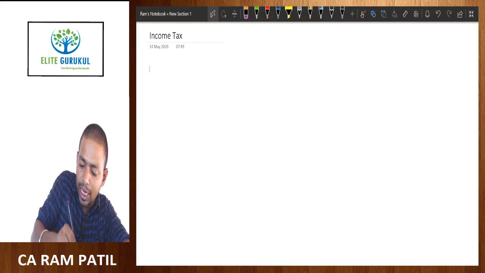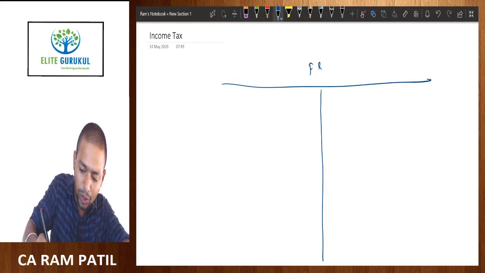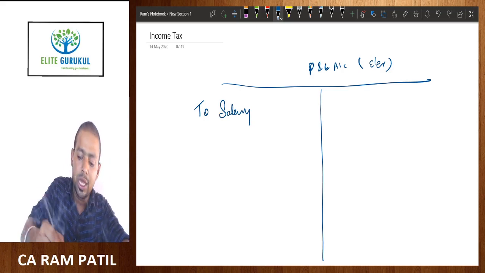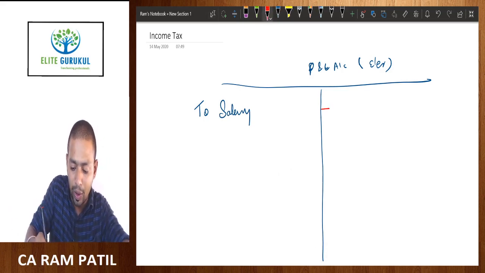Okay, now let's have very quick look at these provisions from our understanding. So consider this as a P&L account of employer. This is a profit and loss account, obviously of employer. So to salaries, this is the first benefit given to employee. Is it allowed as a deduction or not allowed as a deduction? You just tell me, is it allowed as a deduction?